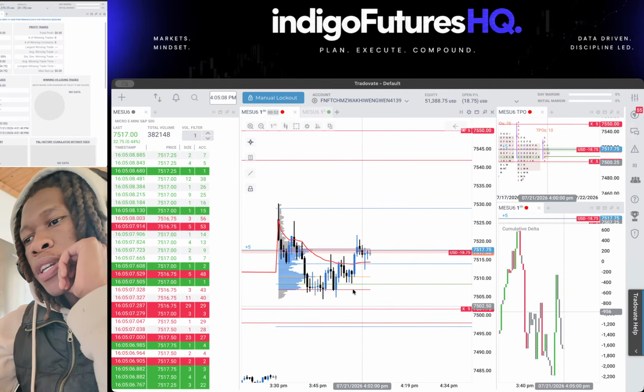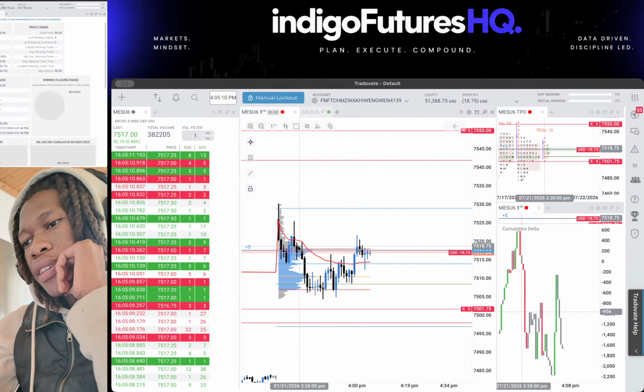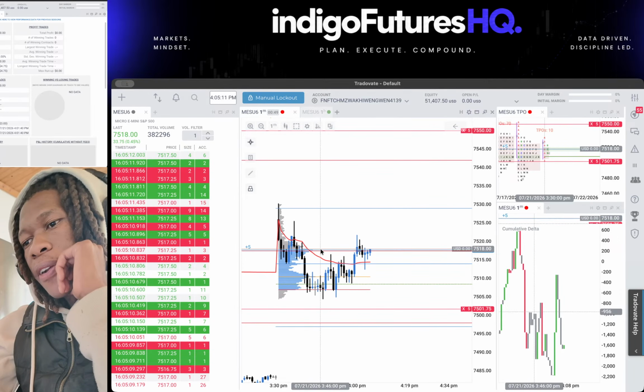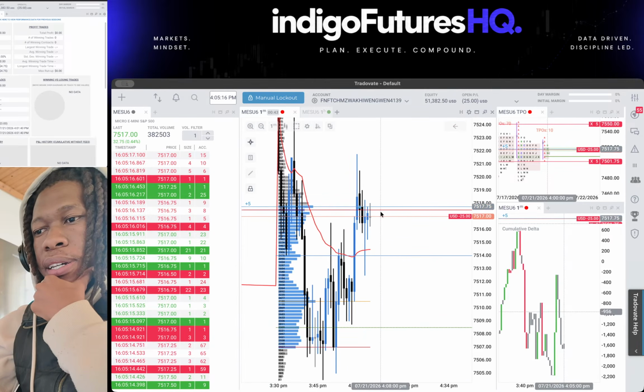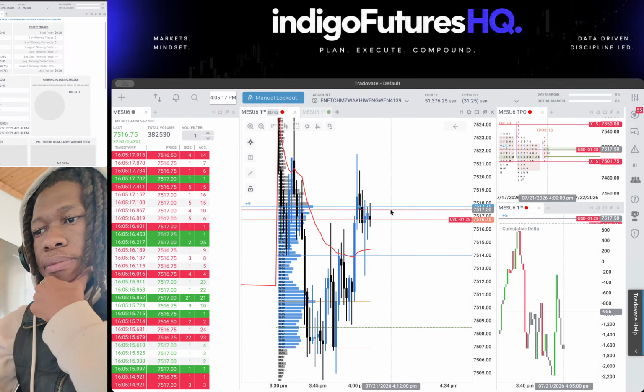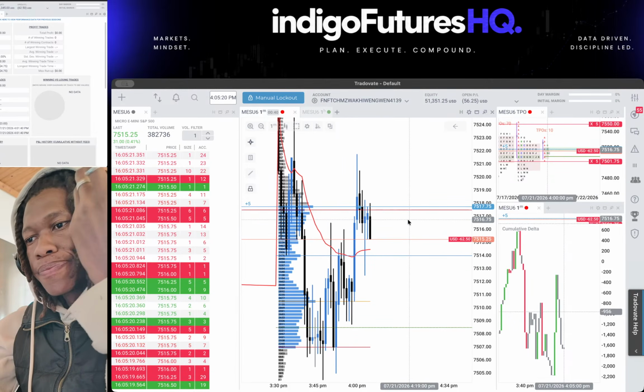We're also looking at a break and retest of the value area high, which was overlapping our entry, right?